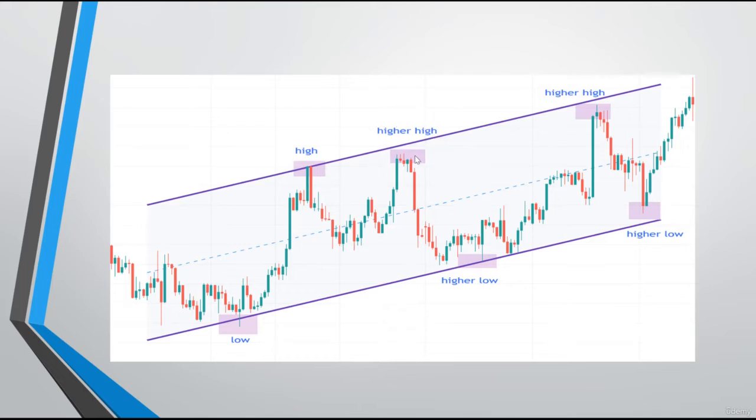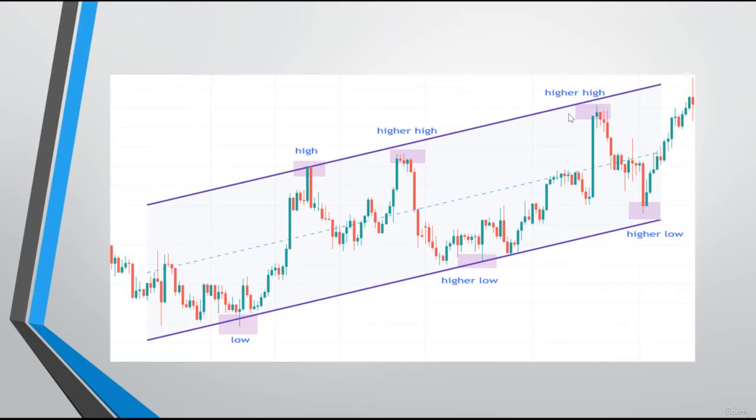Why do we call it higher high? Because it is higher than the other price or the other reaction in the trend, and the price is increasing as well. And the last one, the higher high, in this trend we could say the highest high.